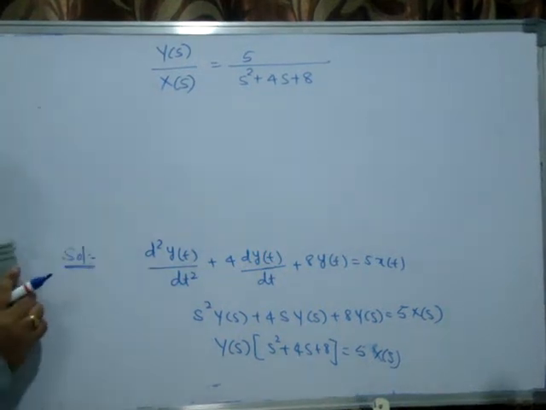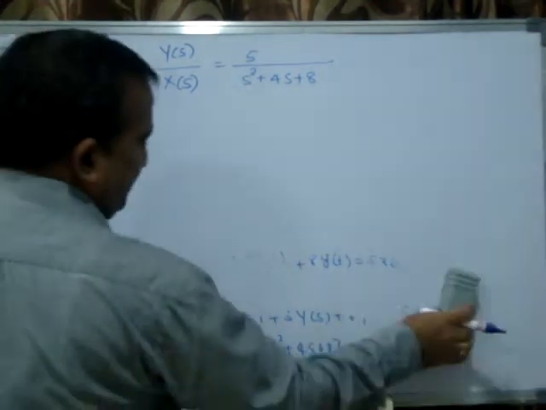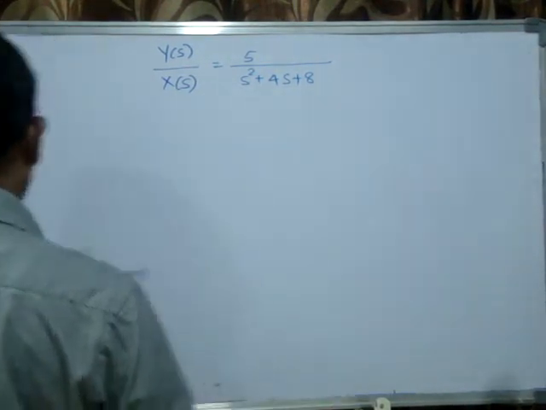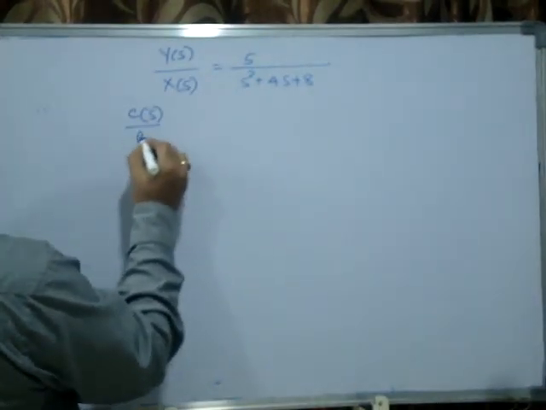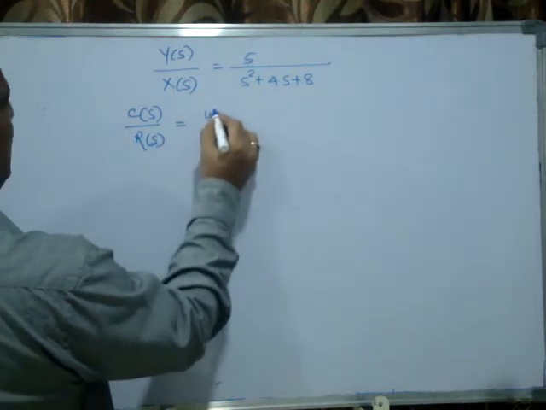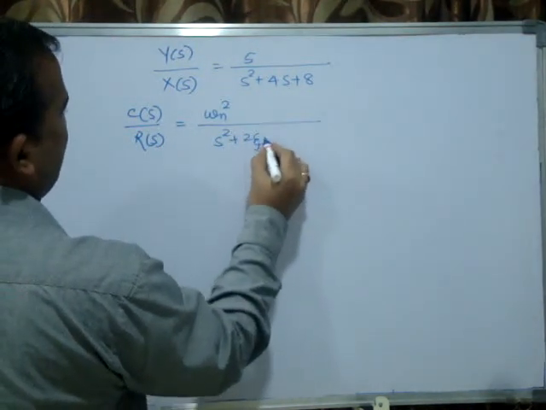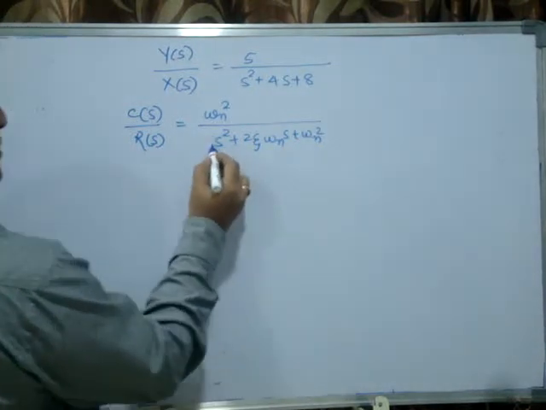Now from this transfer function I will find zeta and omega n, by comparing with the standard form of the second order closed loop transfer function. Here also the s square coefficient is 1.